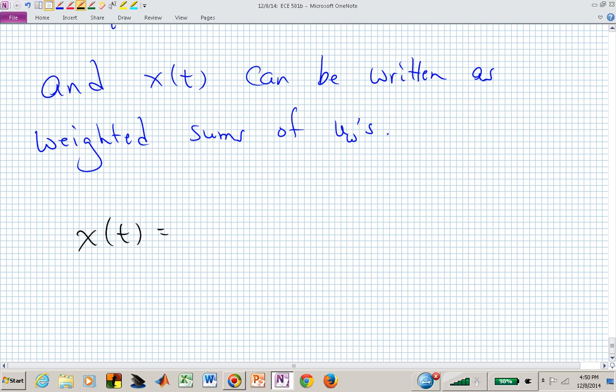So x of t is a generic waveform, which we're viewing as the input to this convolution operator, and we're calling that capital T. So x of t is just an arbitrary waveform. Now we can rewrite that as this integral of weighted eigenfunctions. The weights are these a sub w's.